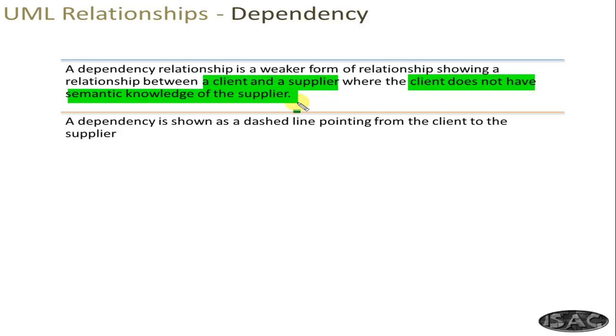Basically, a client depends on a supplier, but it does not have much semantic knowledge of the supplier. A dependency is shown as a dashed line pointing from the client to the supplier.